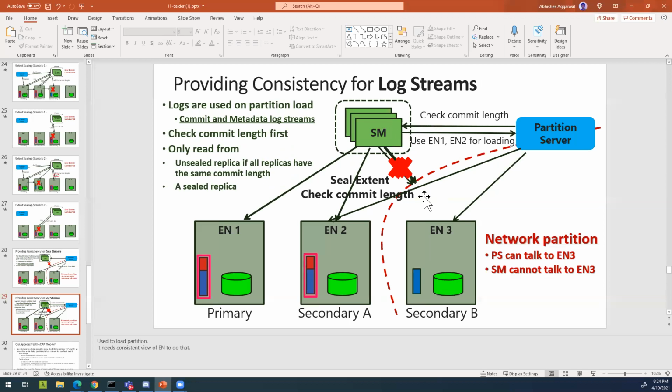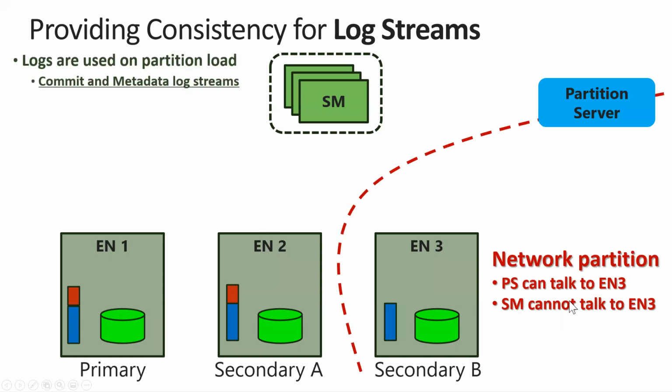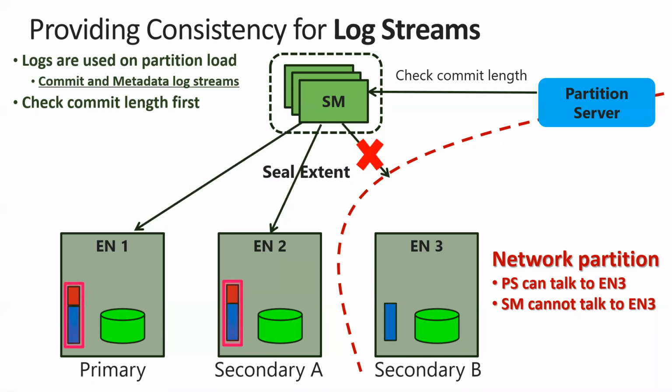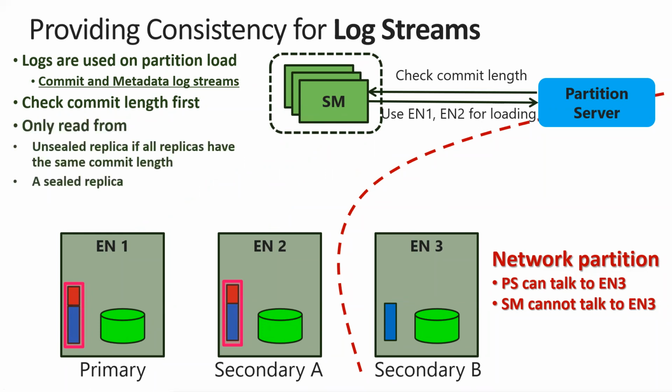The stream master will talk to all three nodes and return the commit length from all three of them, the commit length of the sealed extent. It will say that these two are sealed and this one is not sealed, so only use EN1 and EN2 for loading the information. Then the partition server will only read from EN1 and EN2.